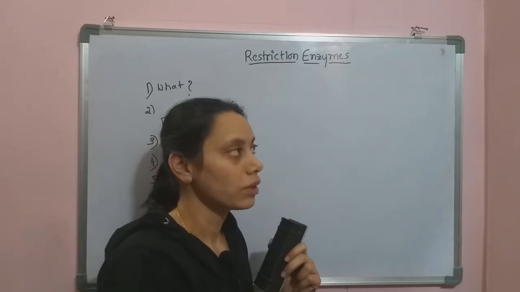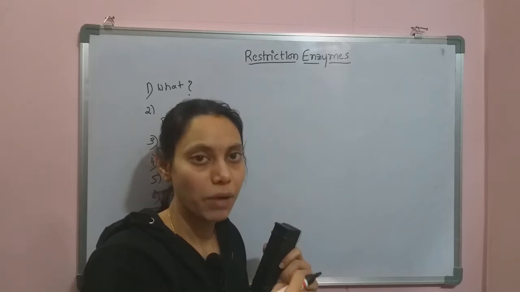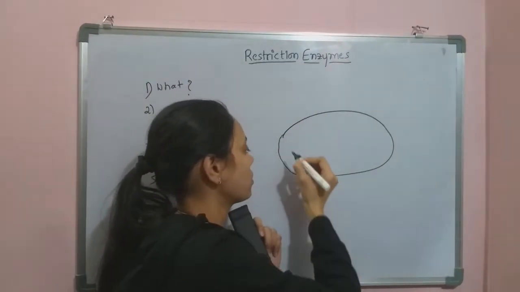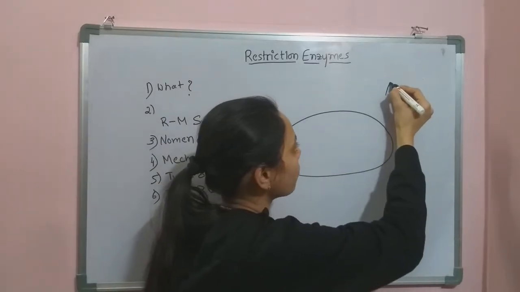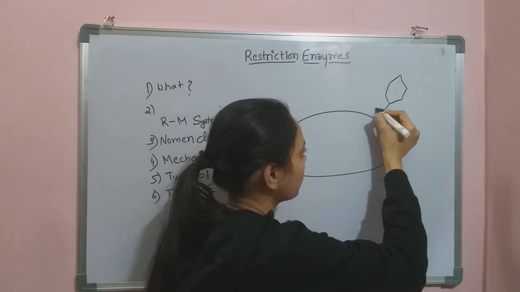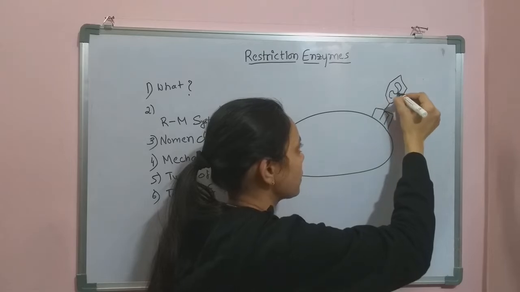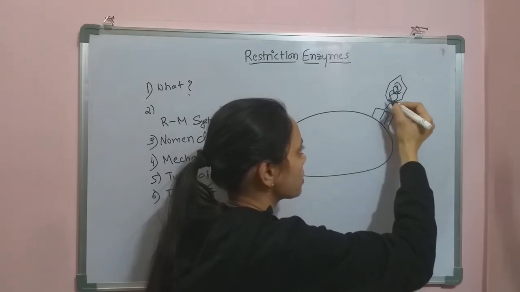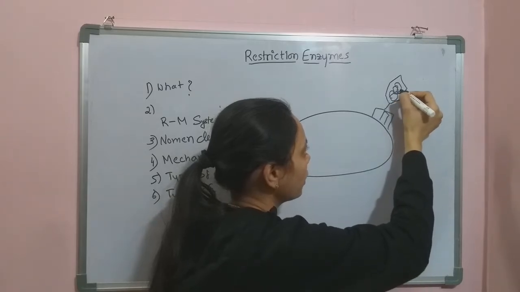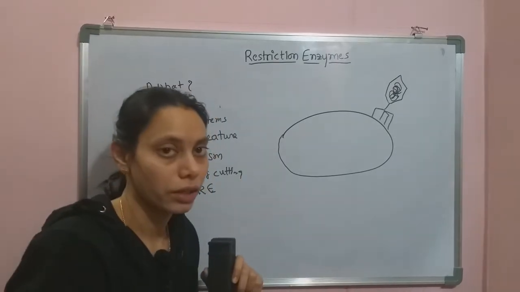Generally there are some viruses which attack bacteria. These are called bacteriophages. A bacteriophage is a virus that attacks bacteria. The structure of a bacteriophage is similar to this. It has a protein coat, this whole external part, and internally it has DNA or RNA, a nucleic acid.